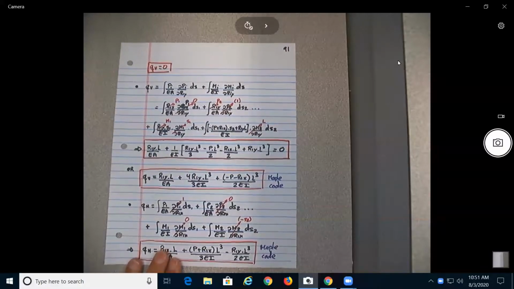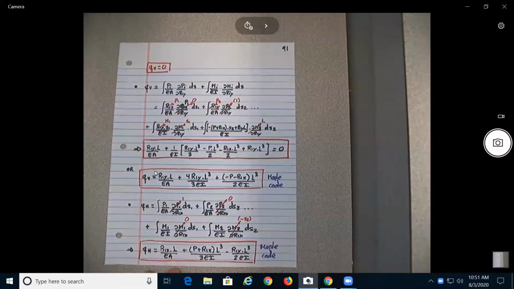Okay, guys, so last time I think I forgot to start the recording of this problem, so I'm not going to rewrite it, but I'm just going to mention it very quickly. This is the L beam, and this is where we stopped.